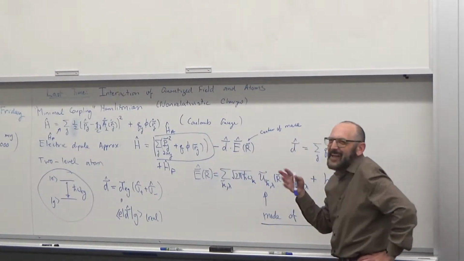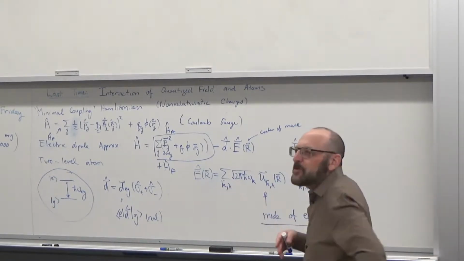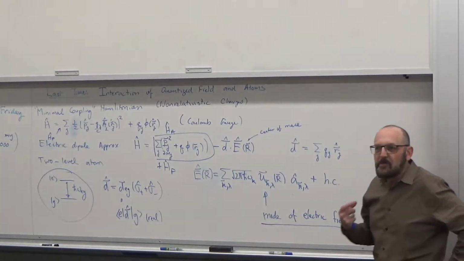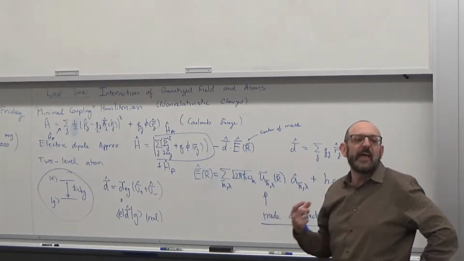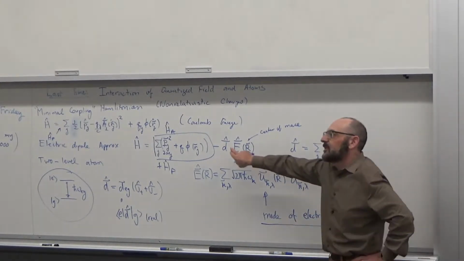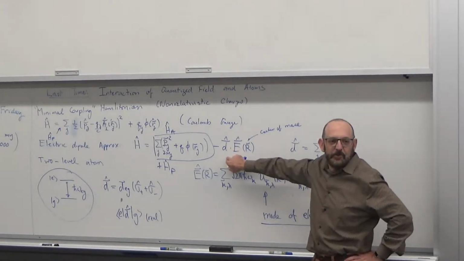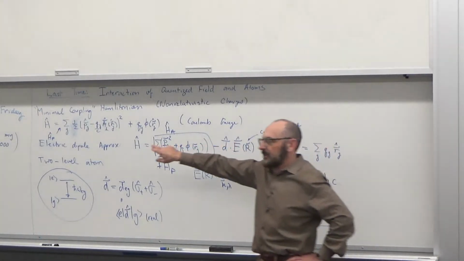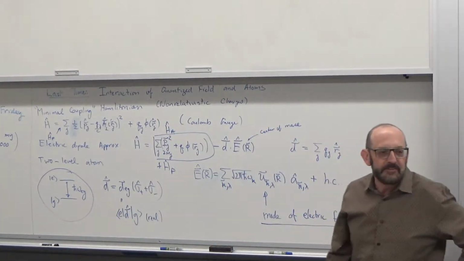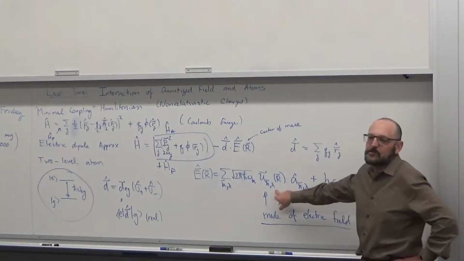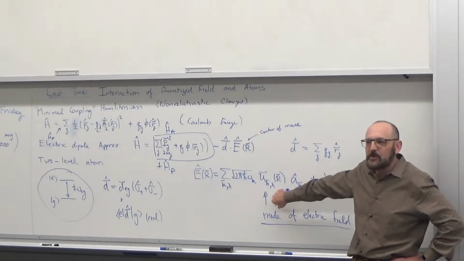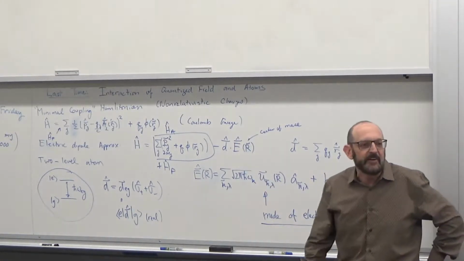That's kind of traditional from a quantum electrodynamics point of view, but it's an irrelevant point for us. There's no reason to talk about the modes of the vector potential. We can choose any complete set of modes we like, and since at the end of the day we're working in the electric dipole approximation, it's the electric field we care about, not the vector potential. Then you just drag around an extra i for no reason. So you might as well absorb that i, and these are now the modes of the electric field rather than the modes of the vector potential. And that's the convention I prefer.